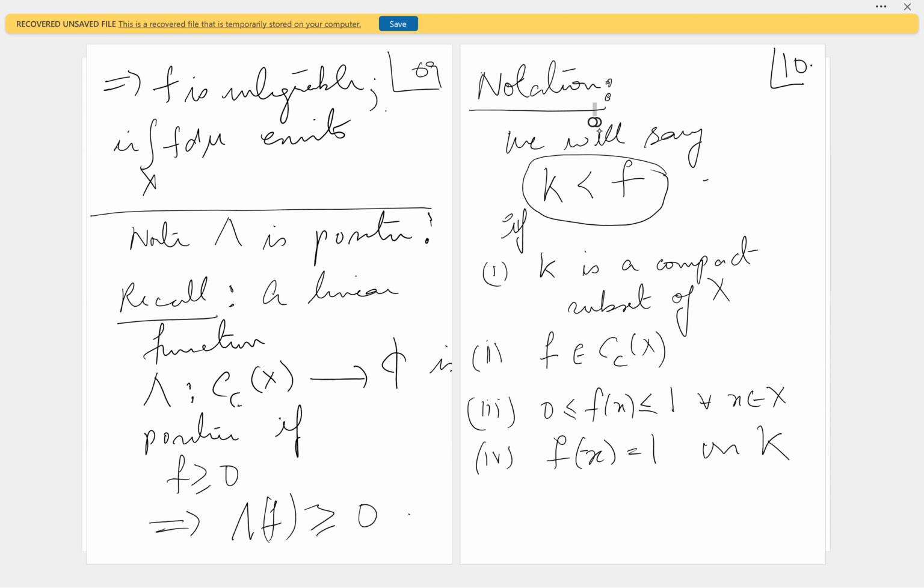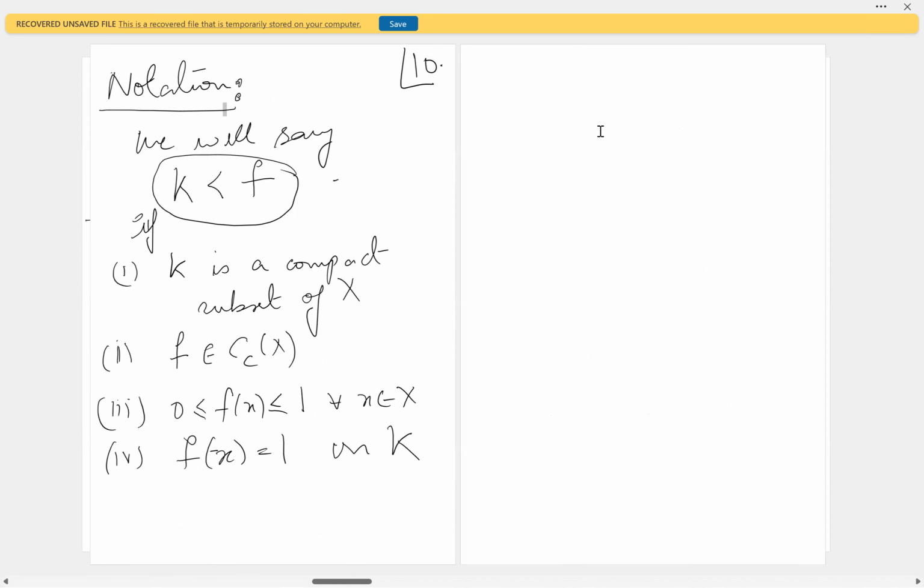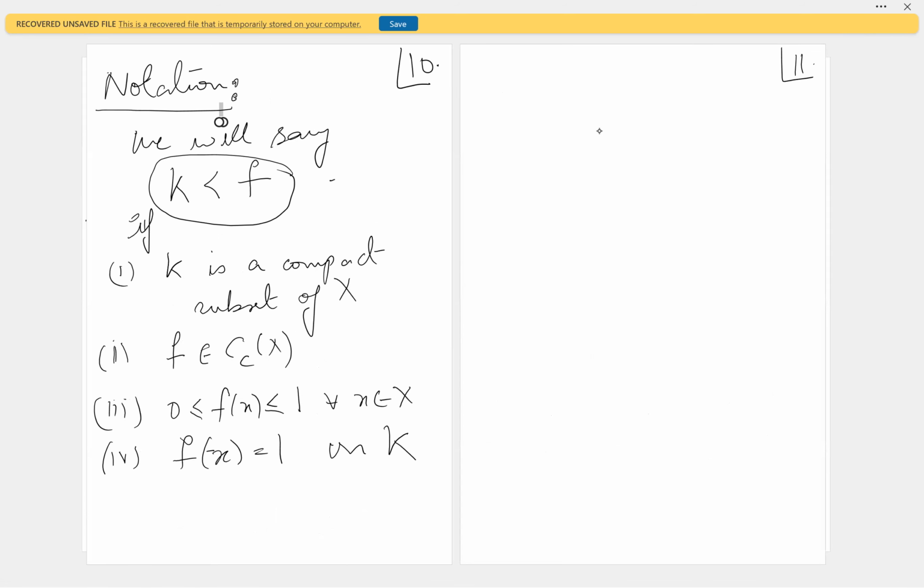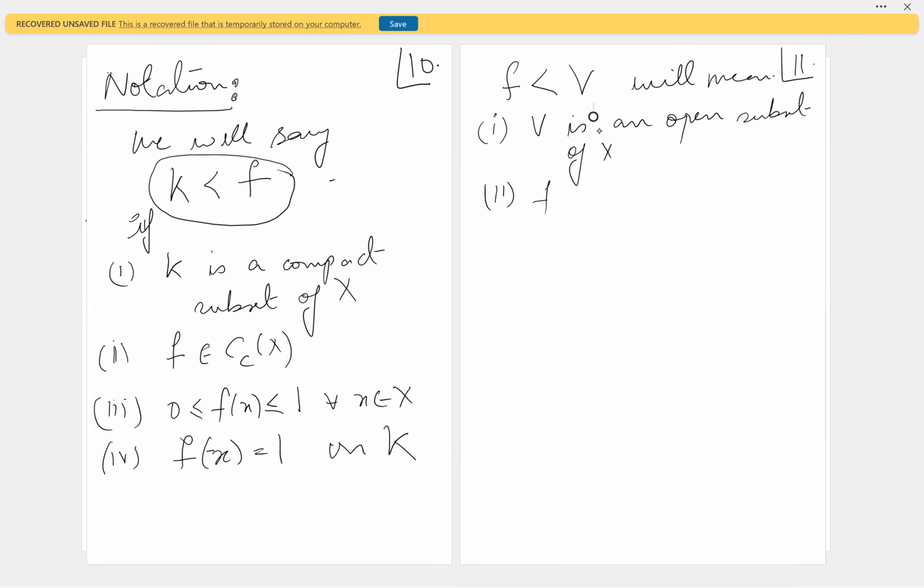I'll keep reminding you, of course, but let me set this notation. Similarly, f less than V will mean V is an open subset of X, f belongs to C_c(X), so now from now, X is a locally compact Hausdorff space. Okay, I will not repeat it.